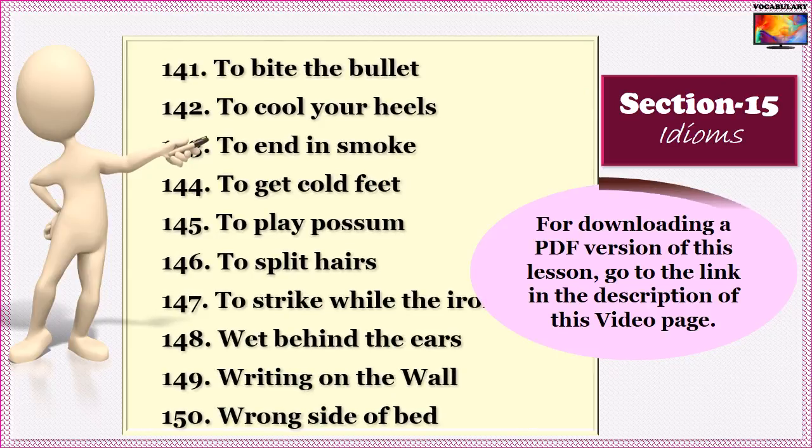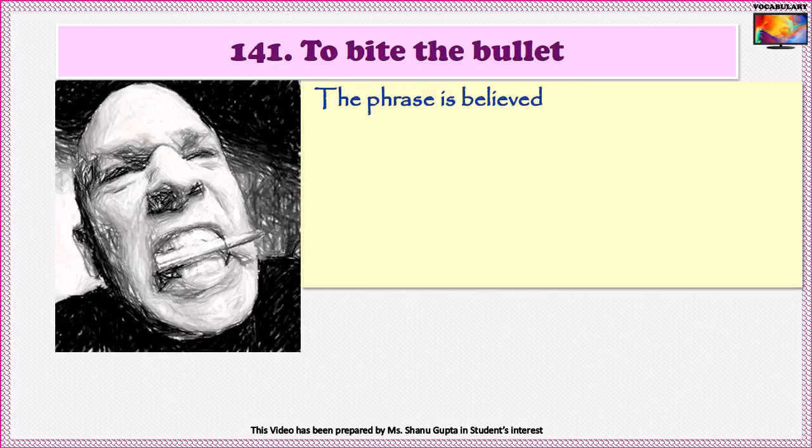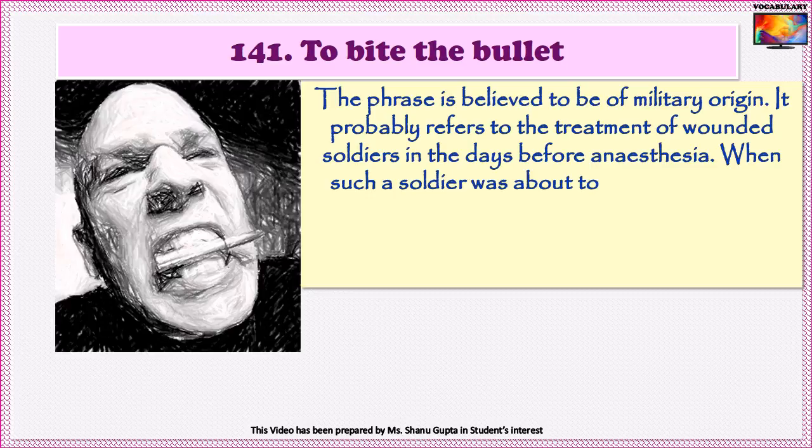In section 15 of this lesson, we shall cover the following 10 idioms shown on your screen. To bite the bullet. Again, the phrase is of military origin, though the precise allusion is uncertain. It probably refers to the treatment of wounded soldiers in the days before anesthesia.